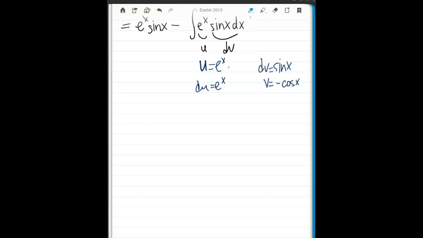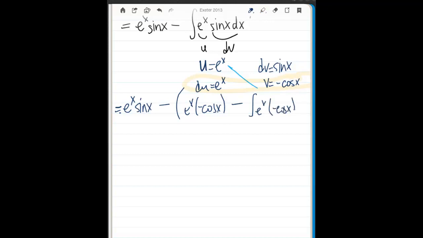Our answer lies in this diagonal, and we are at e to the x sine x minus now the answer to this antiderivative, which I will use parentheses for, and it is e to the x times negative cosine of x minus the new integral we get from here, which is going to be e to the x times negative cosine x dx.